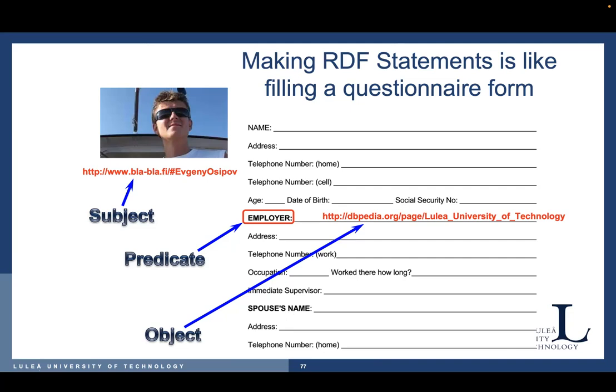The idea here is that information about me is available through this link, for example, is employed, and we link to a description of the employer.